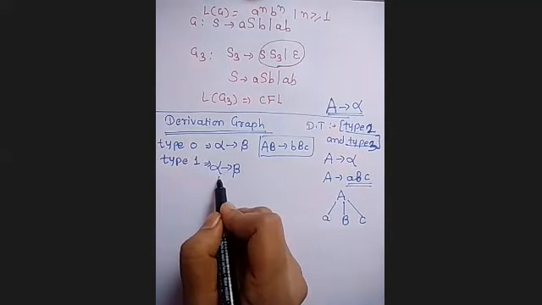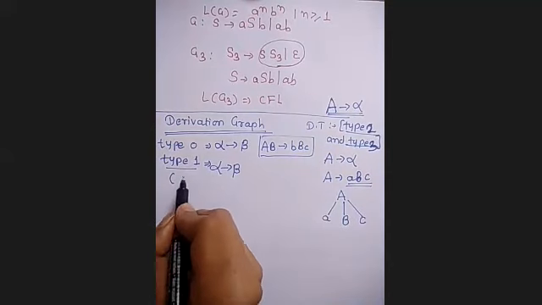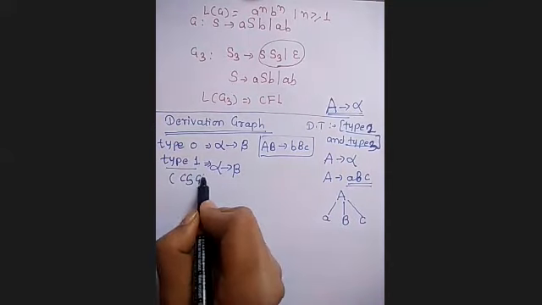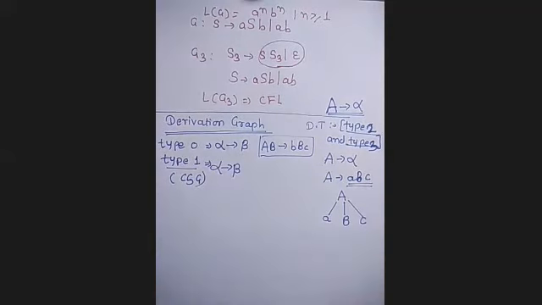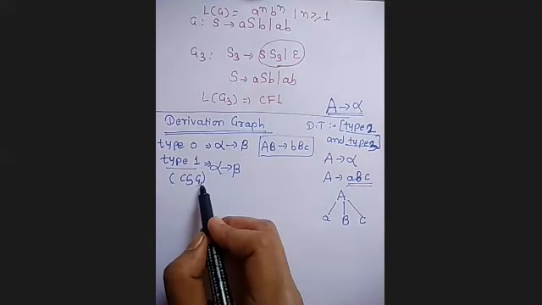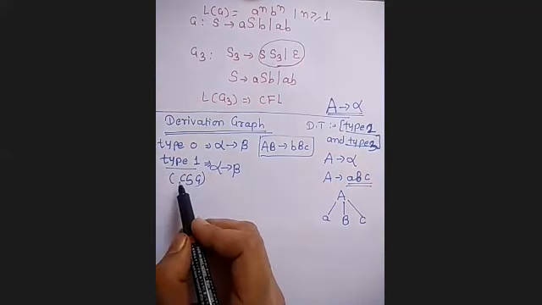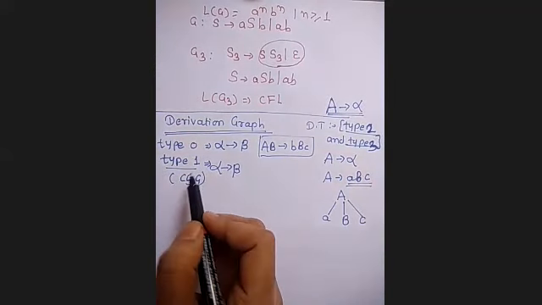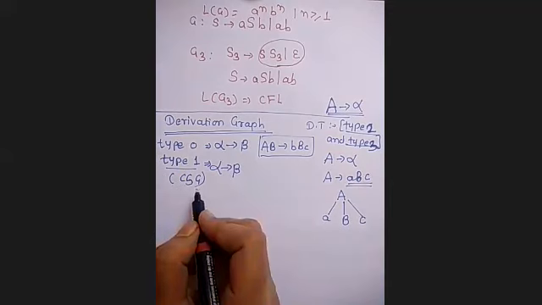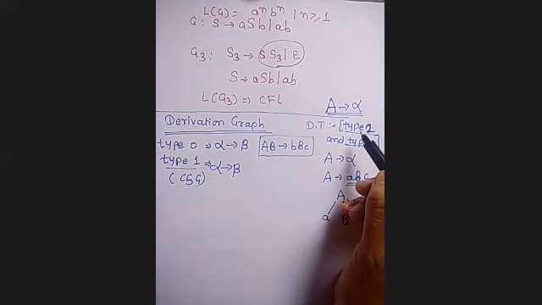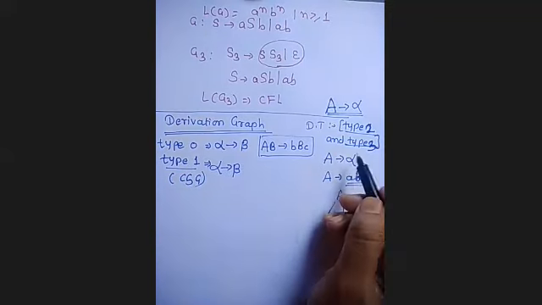It is also known as context sensitive grammar. Type 0 and type 1 languages are accepted by the Turing machine. Type 2 is accepted by non-deterministic push-down automata, and type 3 is accepted by the finite automata that we have seen.